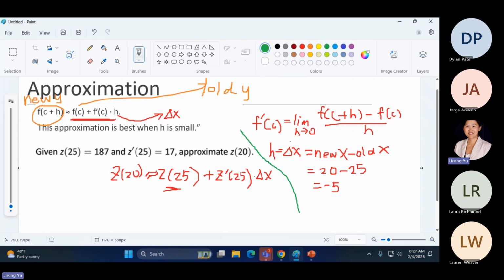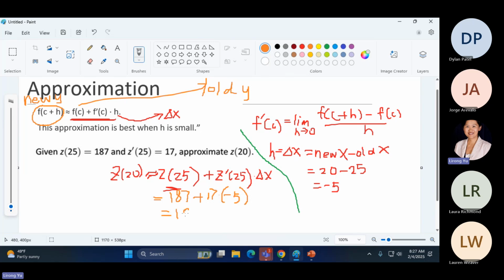Okay, so knowing the change, we can now go back to the calculation. The Z25 is 187, and the derivative is 17, but the change is -5. We follow the order of operations: we do multiplication before the summation.